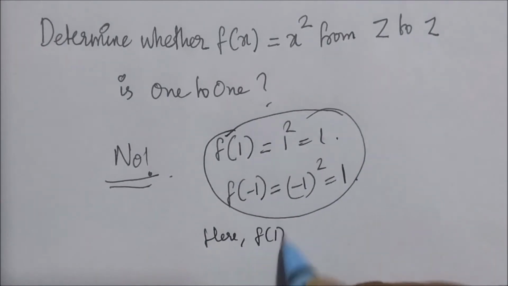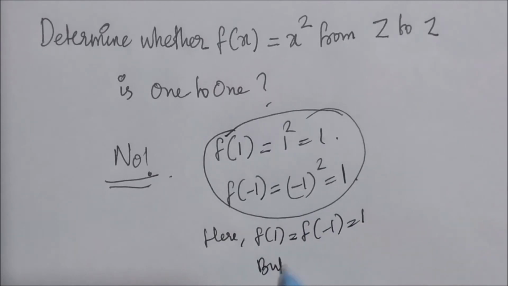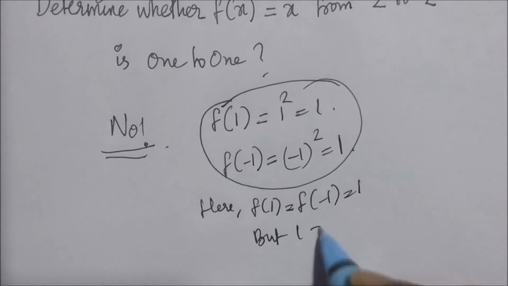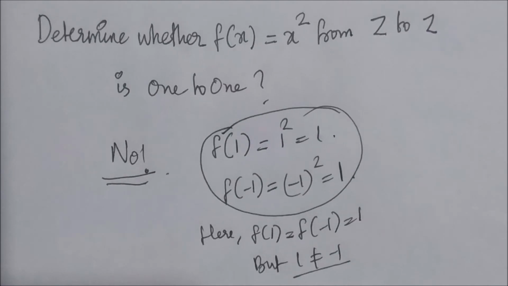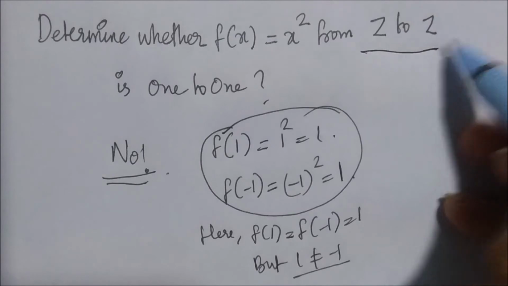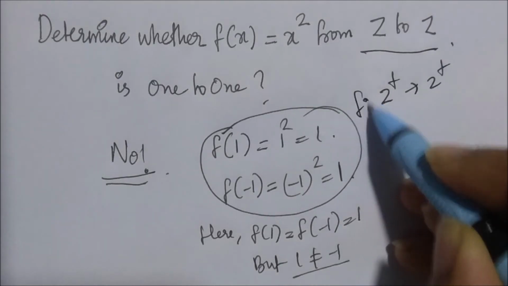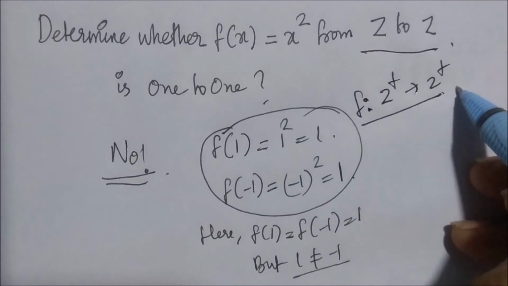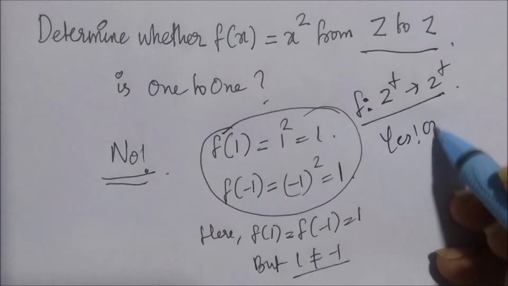Alright, so for a function to be one-to-one, it should be the case that f of a equal to f of b implies a equal to b. So that is not the case here. And the two elements are mapping to same element in the codomain set, right? So this cannot happen when a function is one-to-one, and hence this is not a one-to-one function. Now suppose the function was from set Z plus to set Z plus, that is positive integers to positive integers, then it is a one-to-one function.